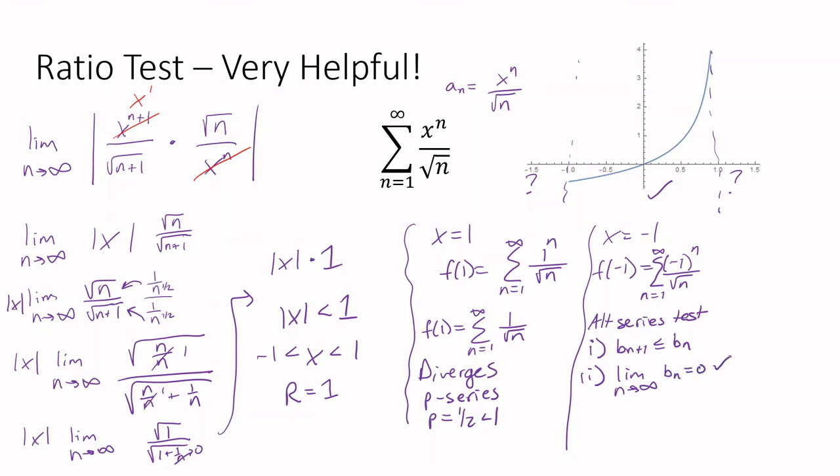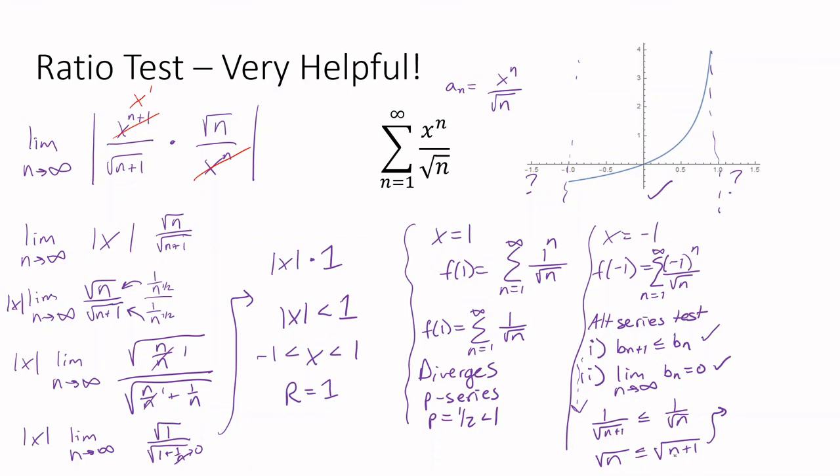This one's actually not too bad either. For this one here, remember, if you want to do it algebraically, it would be 1 over root n plus 1 needs to be less than or equal to this. Cross multiply. Right? And then you could say a couple things here. You know the square root function is increasing, so if I plug in a bigger thing, I'm obviously going to get bigger.